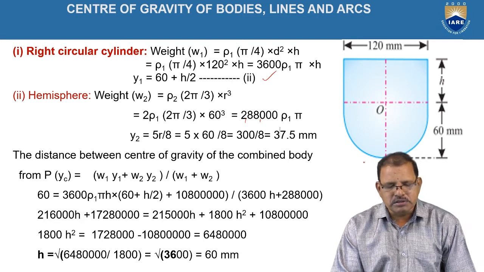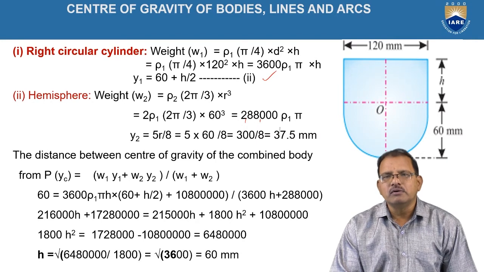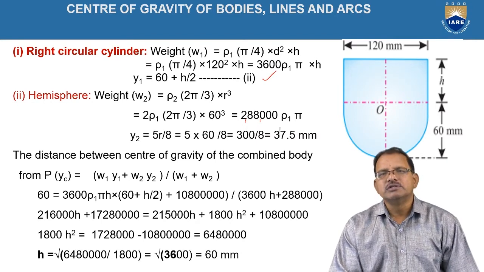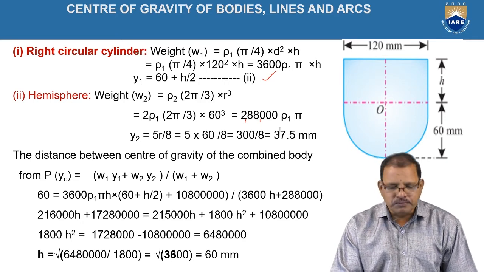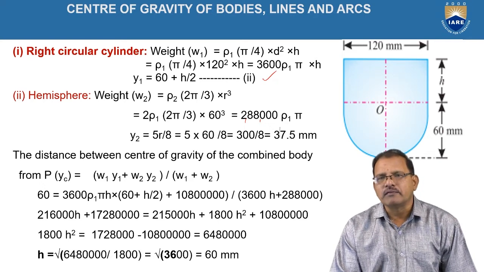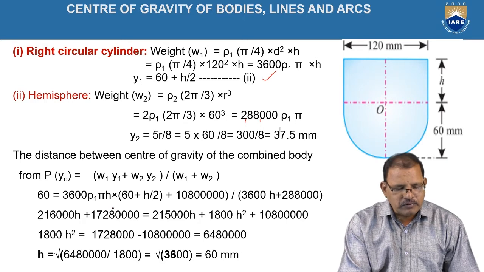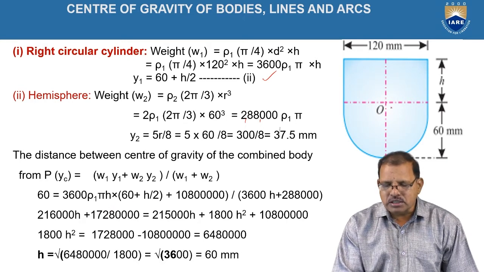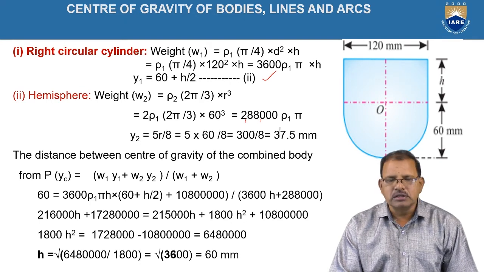So the distance of the center of gravity of the combined figure is given by yc equal to W1 y1 plus W2 y2 divided by W1 plus W2. Since the density is not the same for the two bodies, we take it in terms of their weight. On simplification, since the center of gravity should coincide with point O, that is 60 is required.